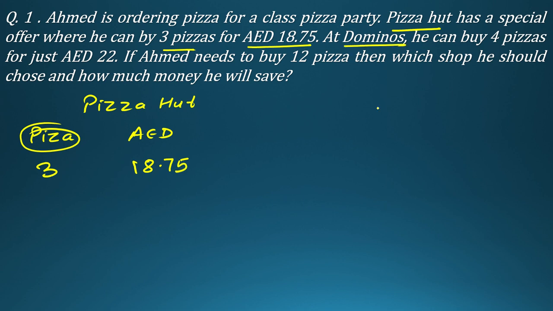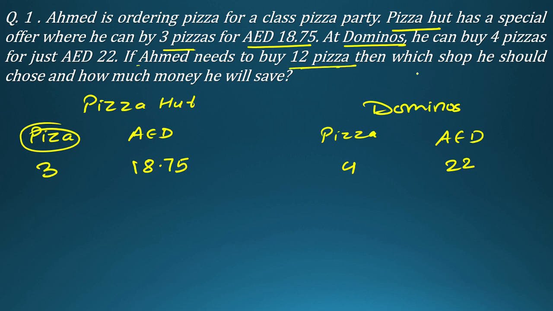Okay, now we'll read further. Another shop is Domino's. So you write here Domino's, and there they sell 4 pizzas for 22 dirham. Now the question is, if Ahmed wants to buy 12 pizzas, which shop should he choose and how much money will he save?